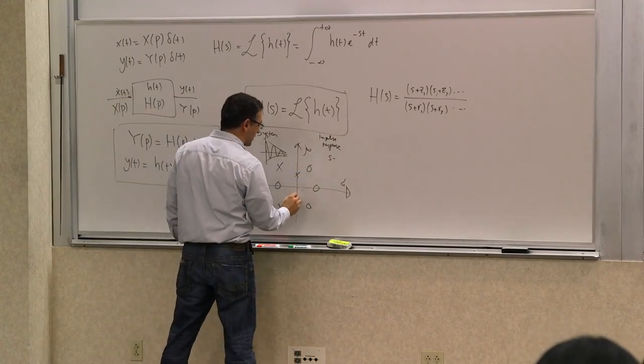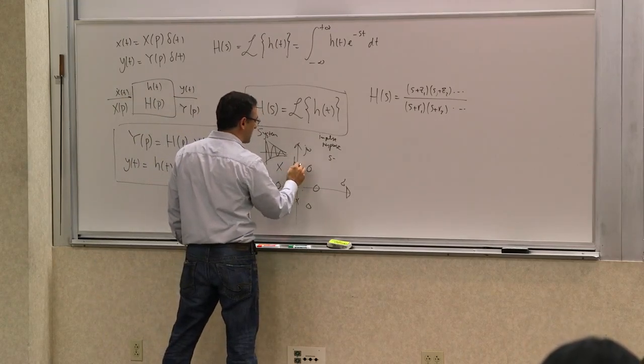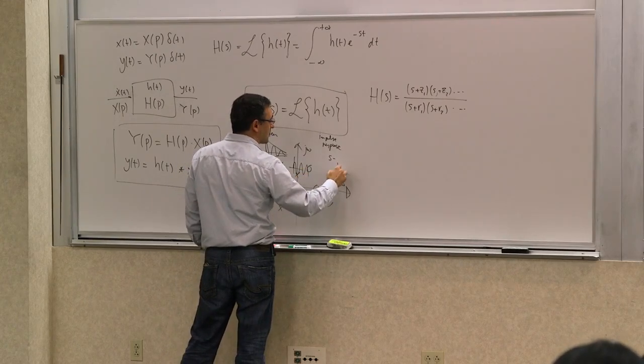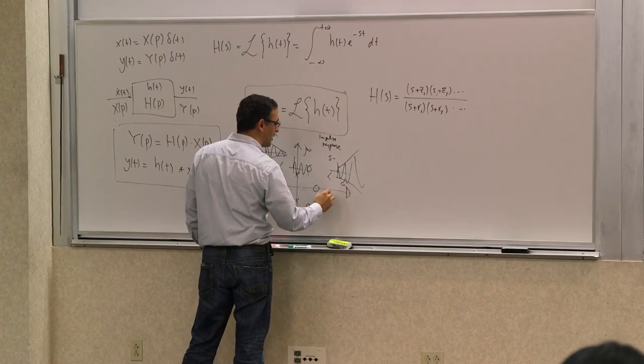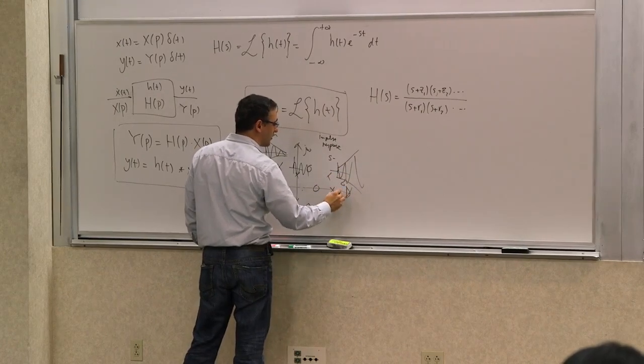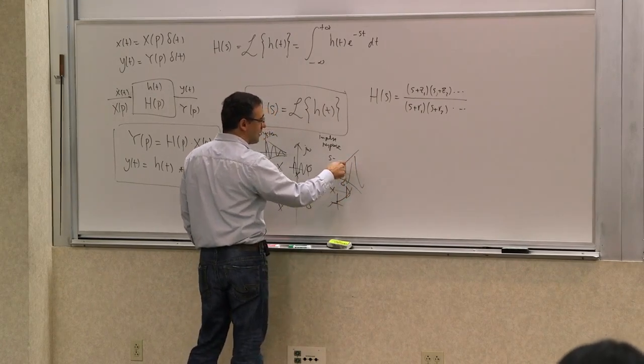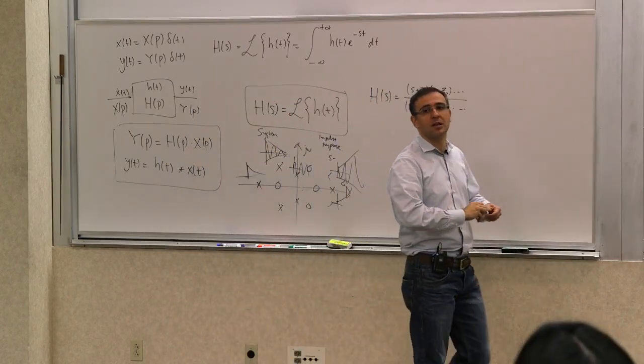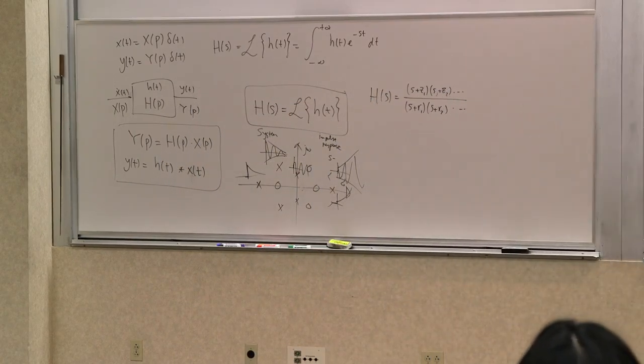If you had a pair of poles on the j omega axis, the response would be a non-decaying sinusoid. If you had a pole on this side, it would correspond to an exponentially growing one. If you had a pole here, it was simple exponential growth. The pair of complex conjugate ones corresponds to an exponentially growing sine or cosine. We've gone over all of this before.